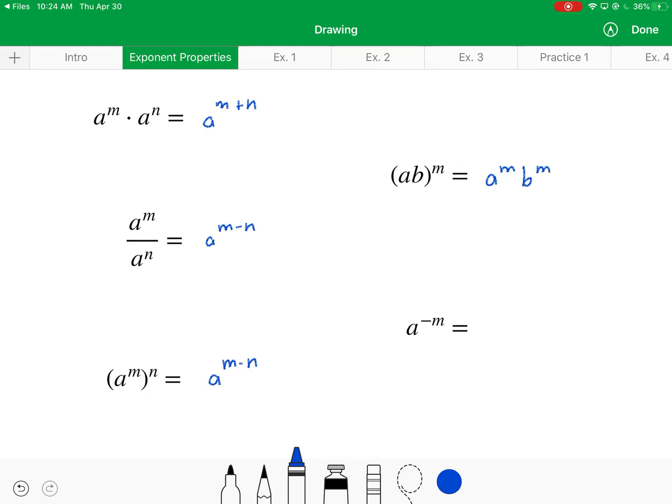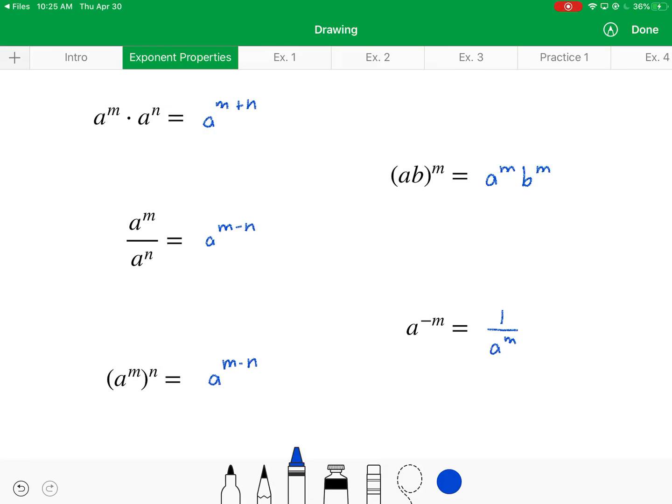All right, and lastly, this is typically the one that we forget to apply the most often. If I have a being raised to a negative exponent, so in this case a to the power of negative m, I can make that into a positive exponent by putting it underneath a 1. It becomes 1 over a to the positive power of m.